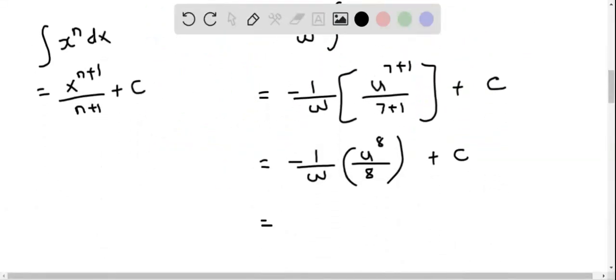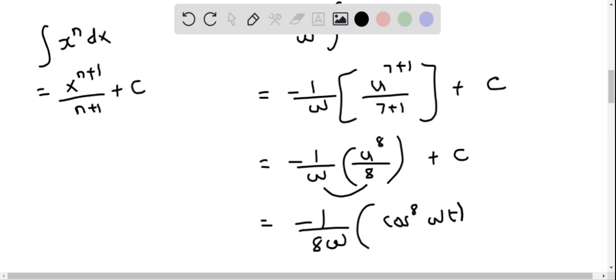So I can combine these two and write this as negative 1 by 8 omega cos power 8 omega t, and then the integration constant. So now we obtain the position function in terms of t, that is x equals f of t equals negative 1 by 8 omega cos power 8 omega t plus c.